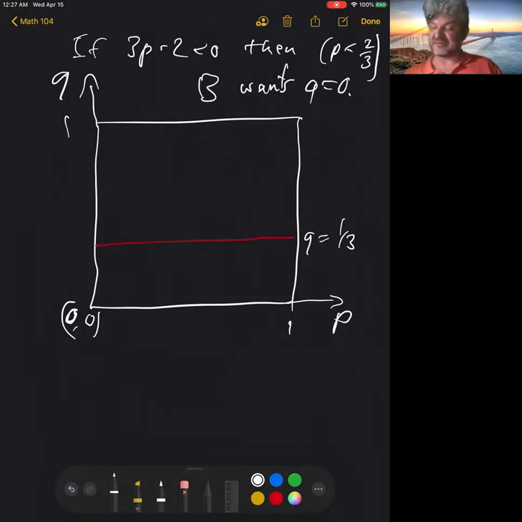Whenever we are in a situation with the choice of P and Q that is on this line, the choice of A doesn't matter. When Q is bigger than 1/3, then A wants to choose P as 1. So I put an arrow.